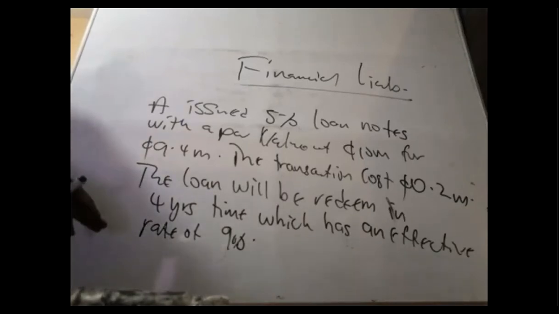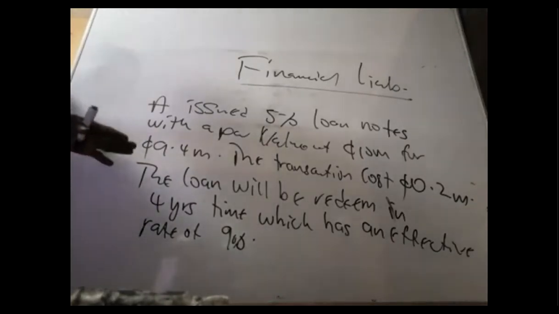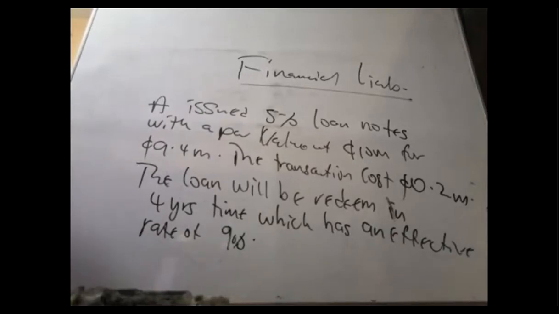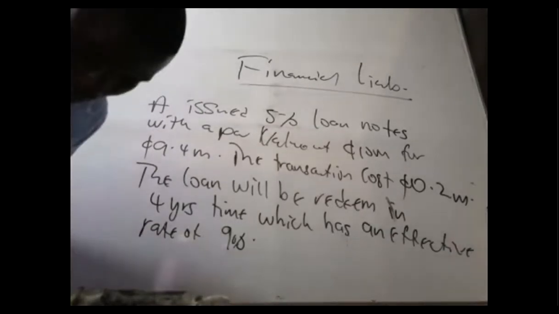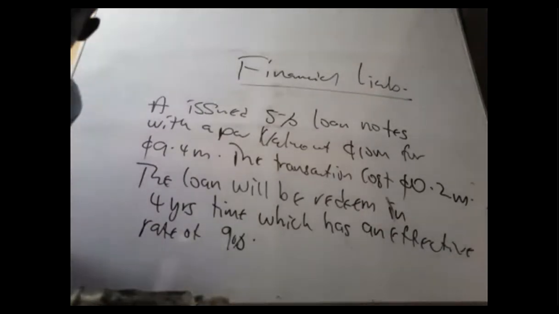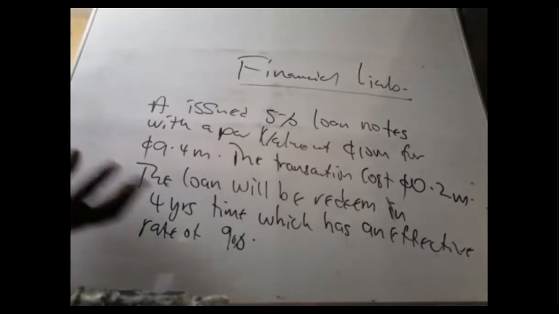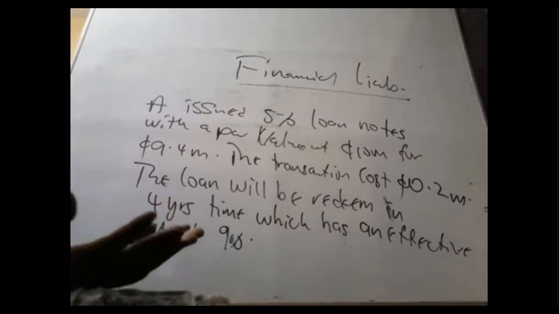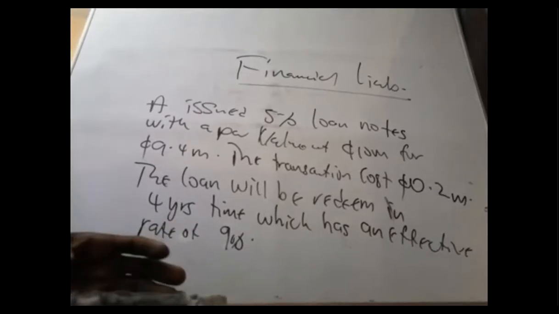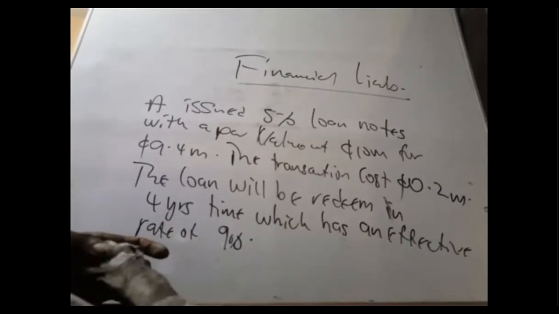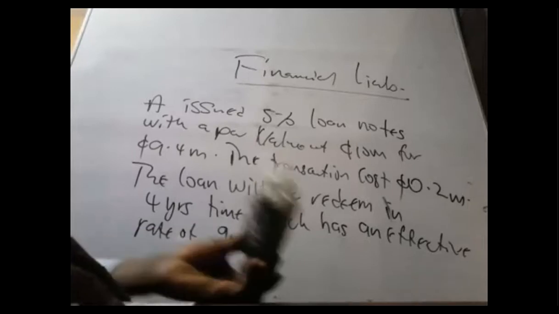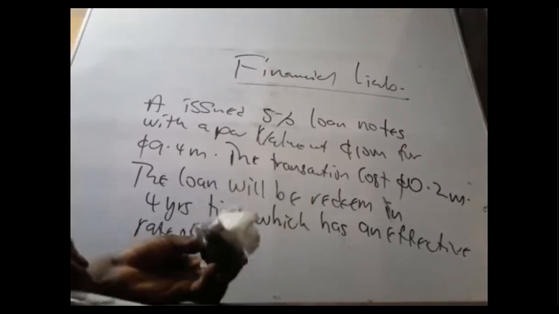Okay, so basically, when we are dealing with a financial liability, we need to get the proceeds. The first thing you have to look out for is the proceeds: how much you actually receive. You can go to the bank and say, Mr. Bank Manager, I need a loan of 10,000.